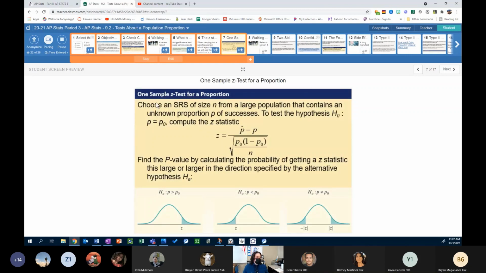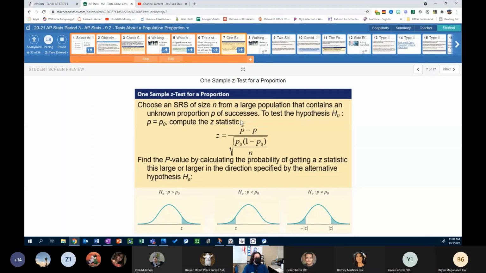Right, so we have the one sample Z test for a proportion. And this is our inference method, as we could call it, for testing, right? Doing significance testing. One sample Z test for a proportion. Choose an SRS of size n from a large population that contains an unknown proportion p of successes.